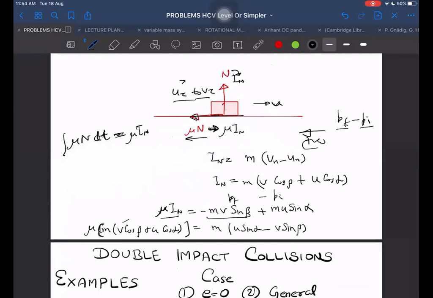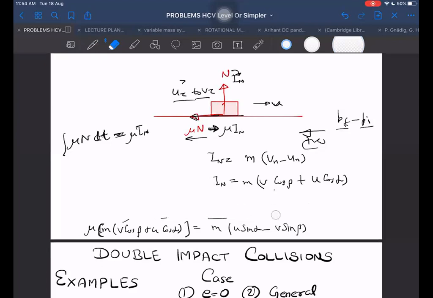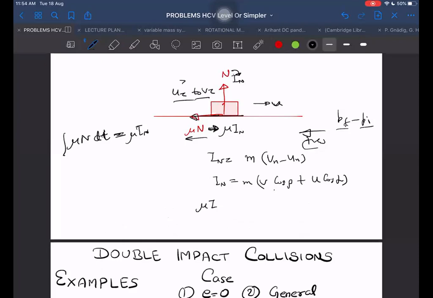Or you do one thing. In fact, I will not even write this equation, but I am doing it for you because otherwise you will commit mistakes. I will directly write this last equation only. How? I know that magnitude of change in momentum is equal to magnitude of impulse. Magnitude of impulse is mu into I n. And what is the magnitude of change in momentum?